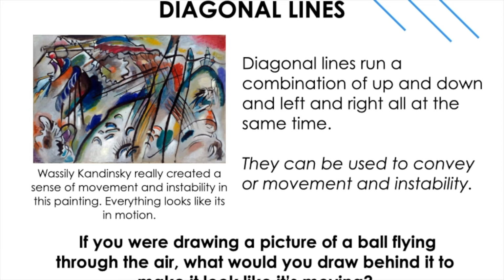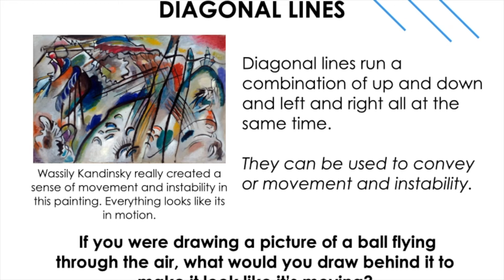Next, we have diagonal lines. Diagonal lines run a combination of up and down and left and right all at the same time. Write this down. They can be used to convey movement or instability, so like unstable. Here's a Kandinsky painting. And he really created a sense of movement and instability in this painting.